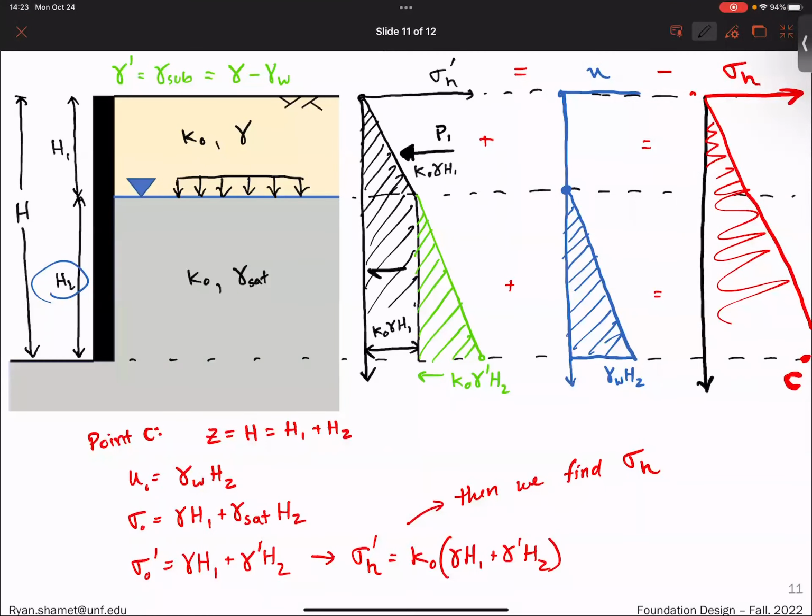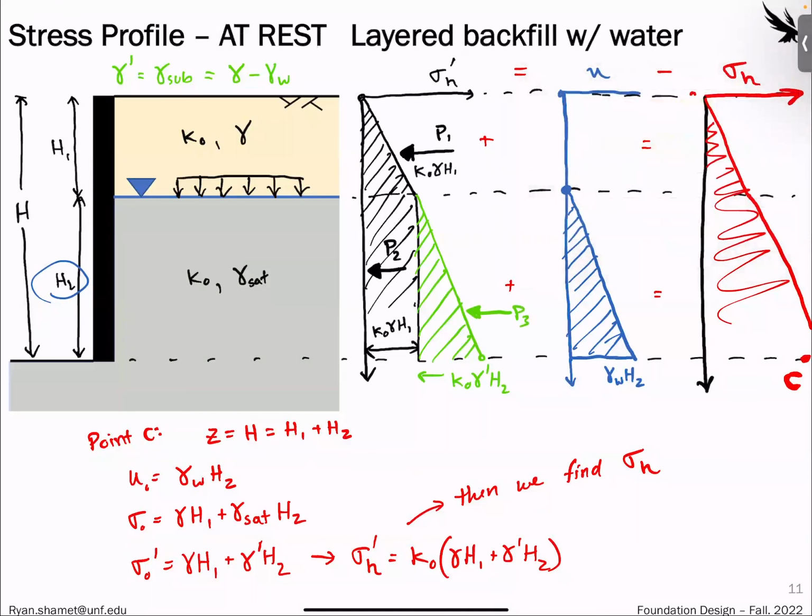We would have a resultant force here, P2, and then a resultant force here, P3. And then we would also have the water, P4. So this would have all of those combined, so you would add all of those up.